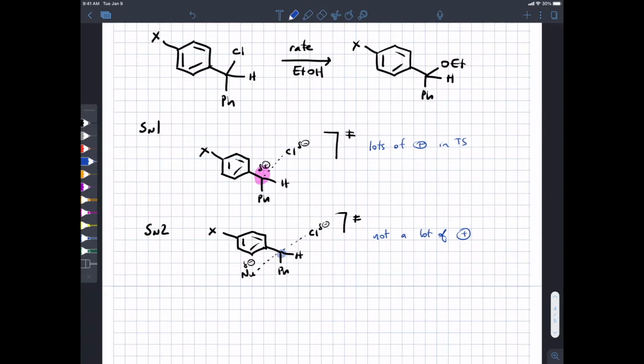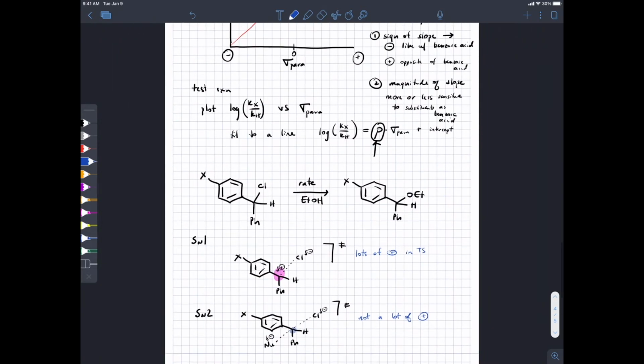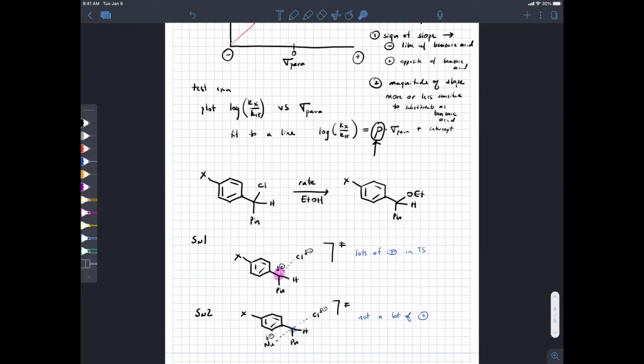Okay, so let's think through these two major points. The sign of the slope for the SN1 reaction. Remember, for the benzoic acid reaction, the slope is positive, and that's where electron donating groups make the reaction less favorable. What do you predict here?